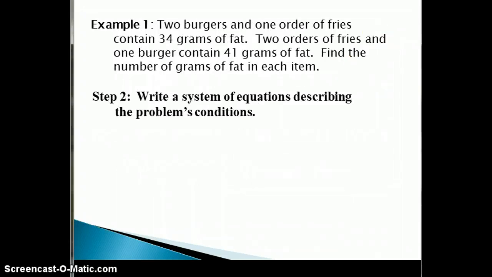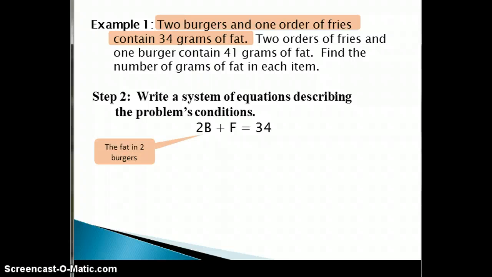Our second step is to write a system describing the problem's conditions. Looking at the first sentence, we can write our first equation, which will describe the total grams of fat in 2 burgers and 1 order of fries. So here's our equation, and notice this equation states that the number of grams of fat in 2 burgers plus the number of grams of fat in 1 order of fries equals the total of 34 grams of fat.